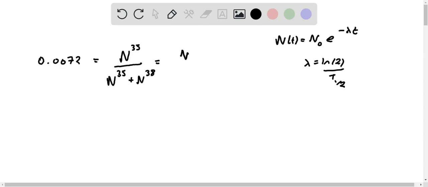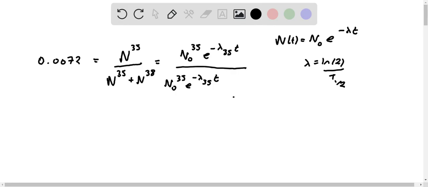So this is equal to the initial number of uranium-235 times e to the power of minus lambda 235 t, all divided by the initial number of uranium-235 times e to the power of minus lambda 235 t plus the initial number of uranium-238 times e to the power of minus lambda 238 times t.